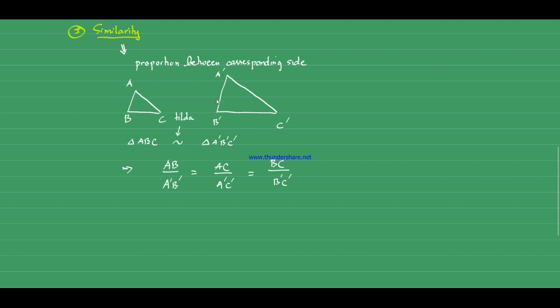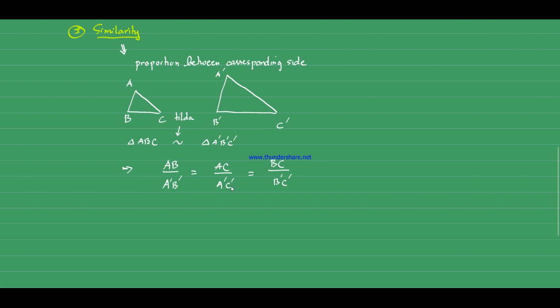You can start with the bigger triangle first, or you can start with the smaller triangle first. However, if you start with the smaller triangle, then all the sides of the smaller triangle must be on the top. So AB over A prime B prime.